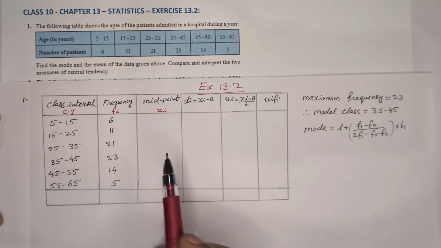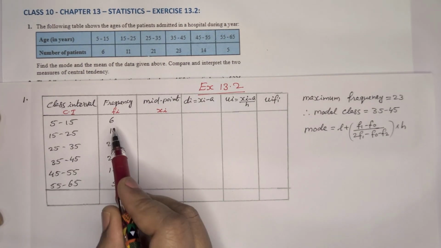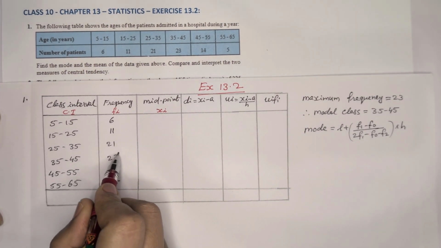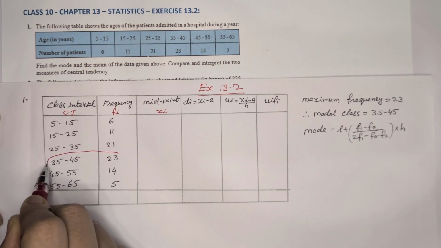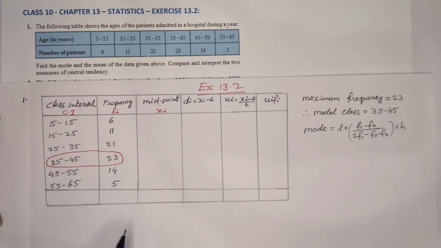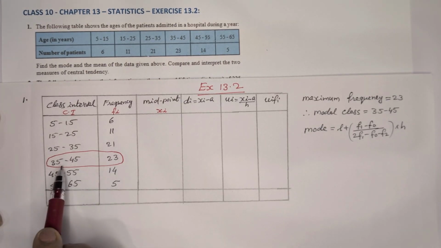To find the mode, first we have to check the highest frequency. We can see 23 is the highest frequency here. Then mark that frequency with its class interval. Now the modal class is the class with the highest frequency 23 and its corresponding class interval.